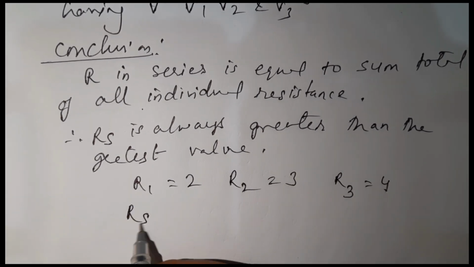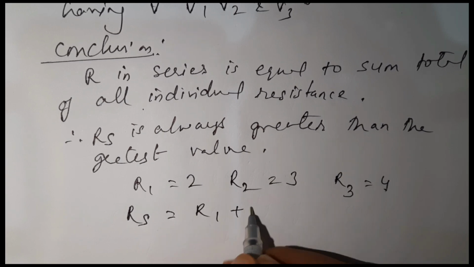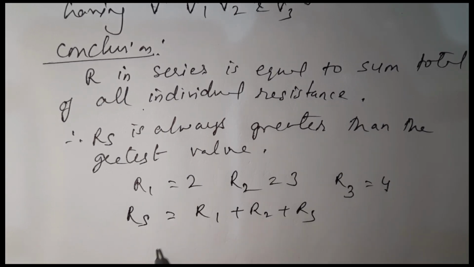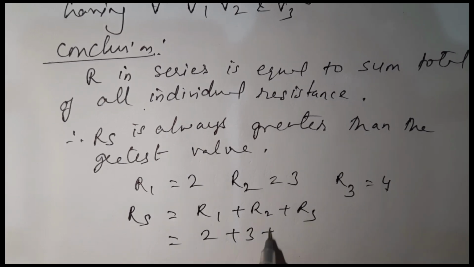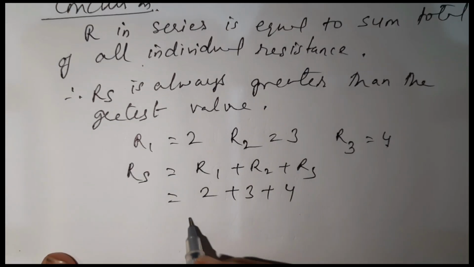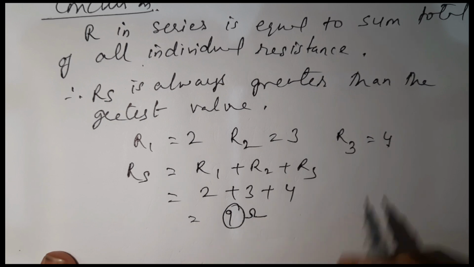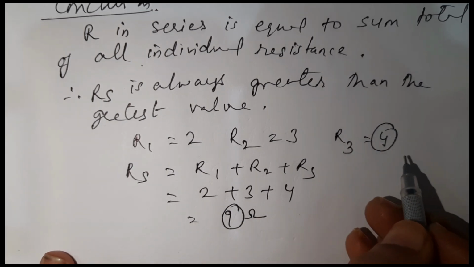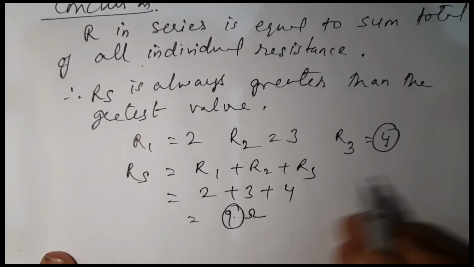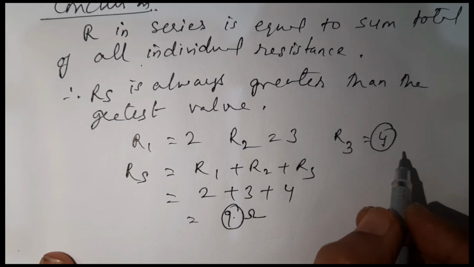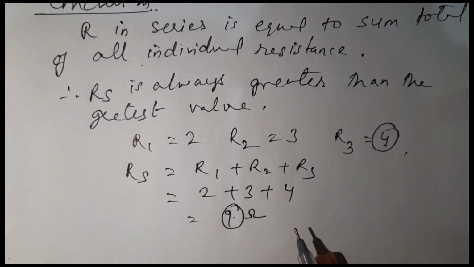Resistance in series, as I told, is R1 plus R2 plus R3, so 2 plus 3 plus 4, which is equal to 9 ohm. Here 9 is greater than the greatest value, which is 4. So this is the conclusion which you need to write.